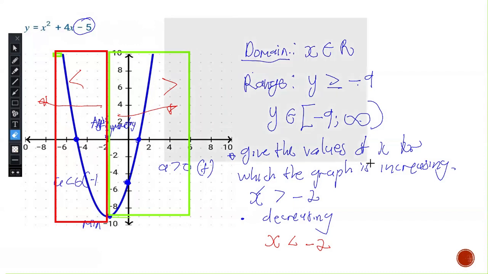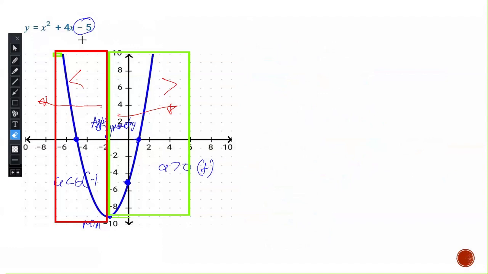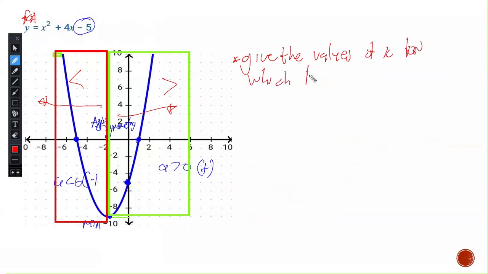And then another typical question that you might have to expect: let's assume that this equation or this parabola function is f of x. They will say, give the values of x for which f of x is greater than 0.